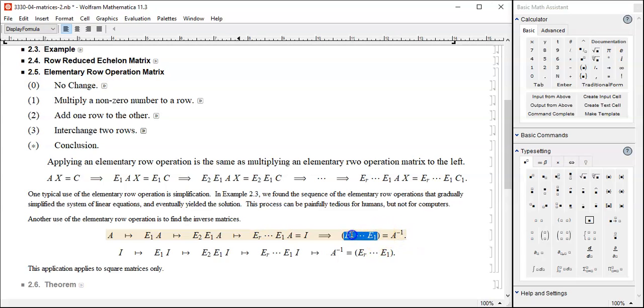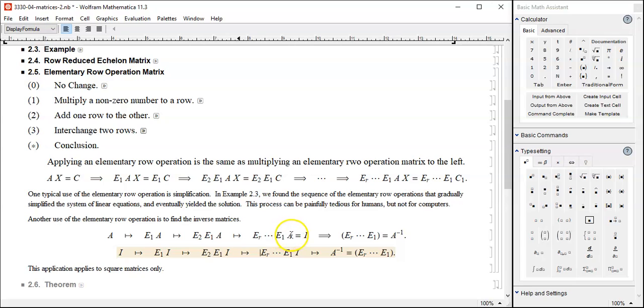Now, how do you find the inverse matrix? We consider a parallel process: from A to E1A, and at the same time from I to E1I, and then multiply E2, E3, all the way up to ER.